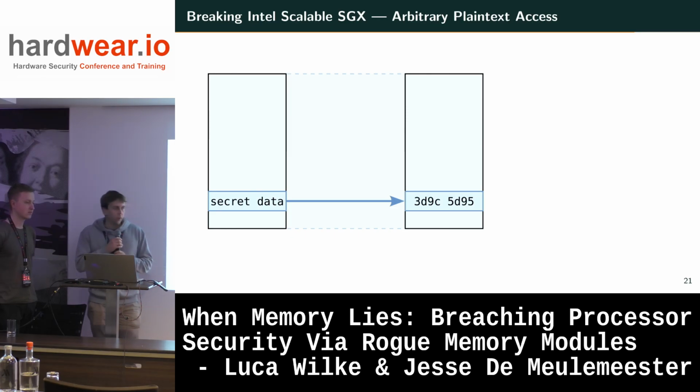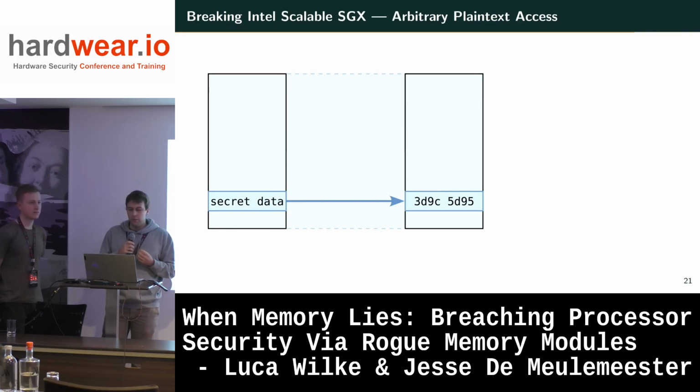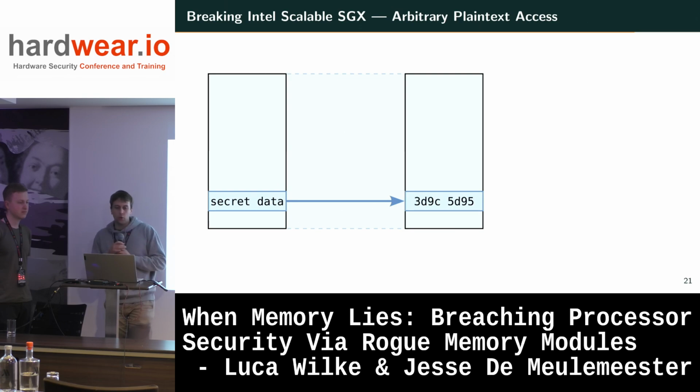And so this primitive, this interposer, allowed us to mount the SEV attack that Luca described before on the latest patched systems with this alias check enabled. It also allowed us to look at Intel's scalable SGX, because now we had a way to bypass this boot time alias check.